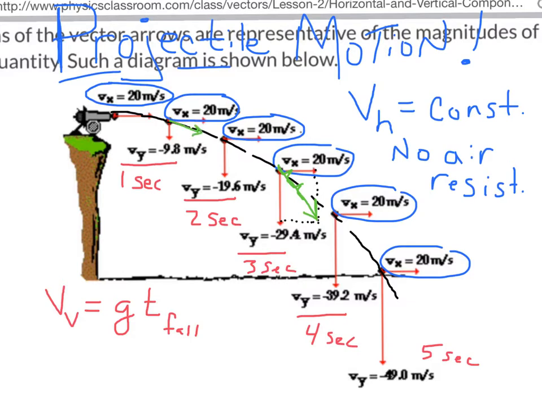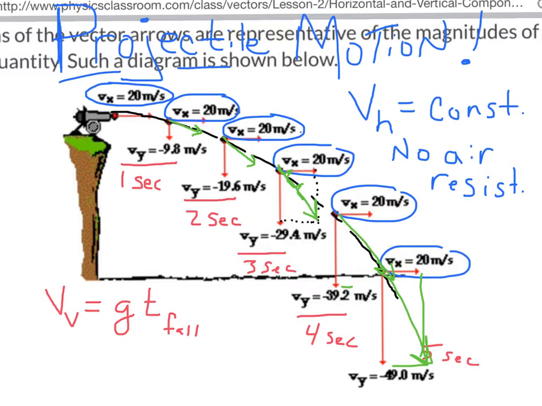When I add these two vectors together, it'd be something like that. This one, when I add it together, is going to be something kind of like that, although this one should have gone a little bit longer. And when I add this one together, the resulting vector is something kind of like that.